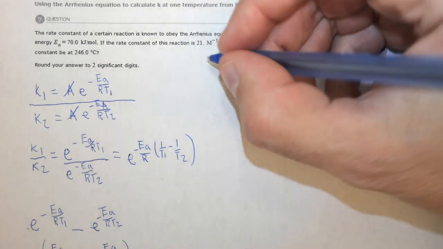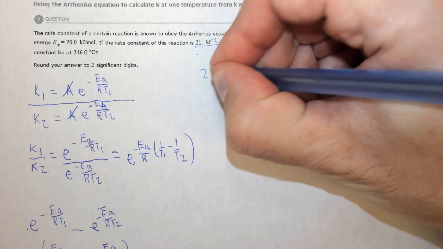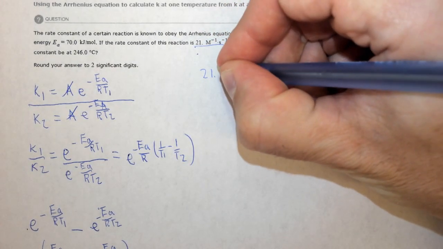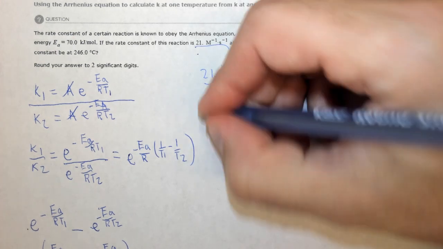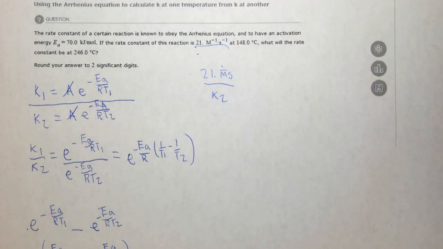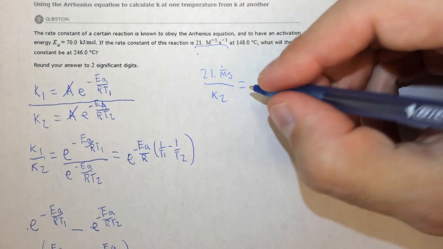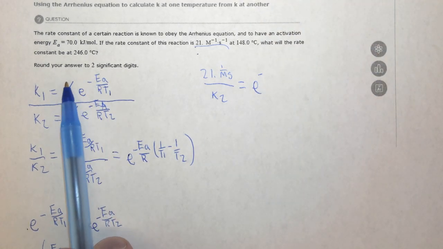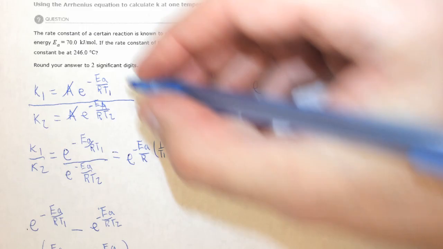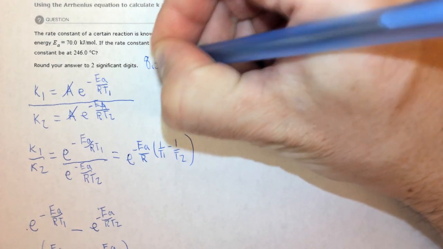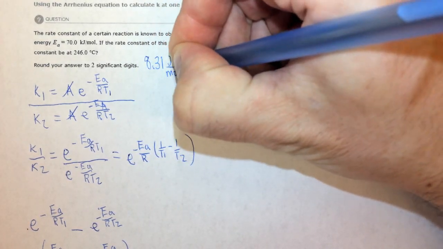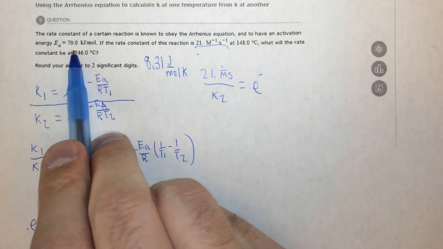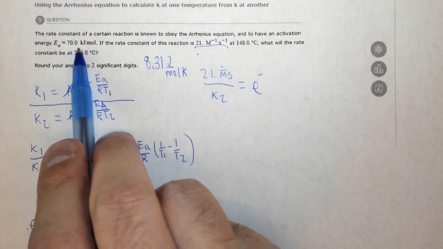Well, we know k1, it's given, 21.1, and that's 1 over molar seconds. k2 is what I'm trying to find, equals e to the negative activation energy. Note that R is 8.31 joules per mole K, and the activation energy here is given in kilojoules per mole.